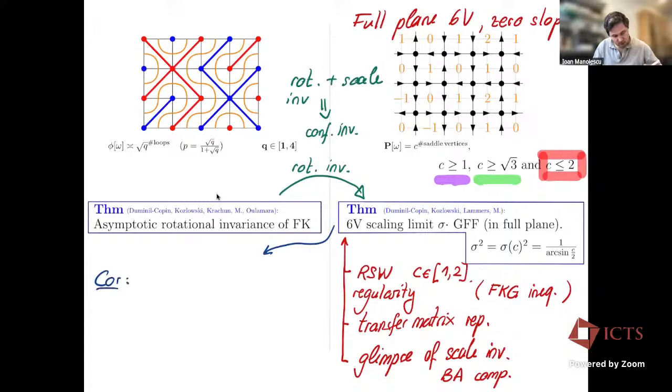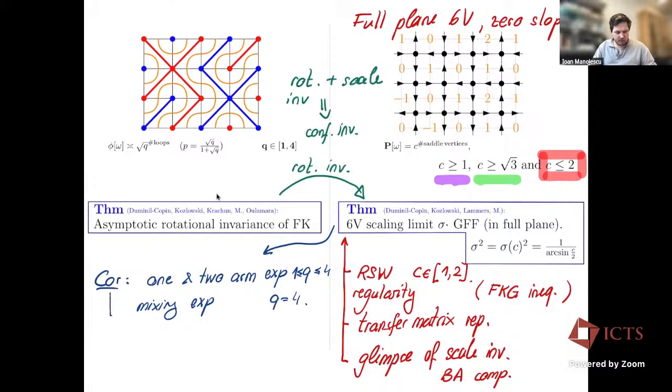We don't manage up to now, but we do manage to obtain the values of the 1-arm exponent and the 2-arm exponent for Q between 1 and 4, and the mixing or influence exponent for Q equals 4. So in particular, if you remember, I mentioned scaling relations last week.